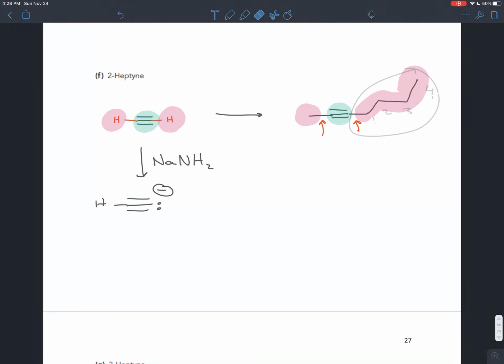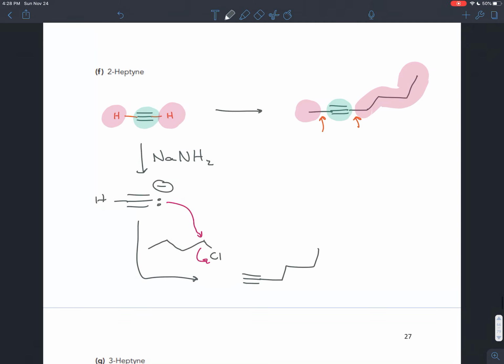So we're going to take a 4-carbon chain and add a leaving group on it. Let's use a chlorine. The carbon nucleophile will swoop in, attack the carbon, and kick the chlorine off. SN2 reaction. What we have at this point is a terminal alkyne with 4 carbons on it.